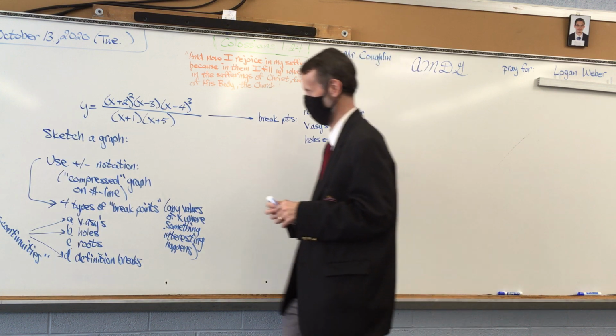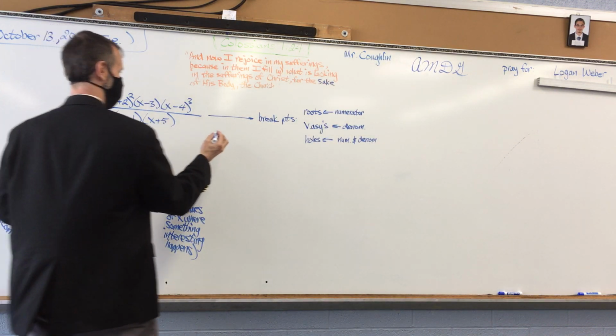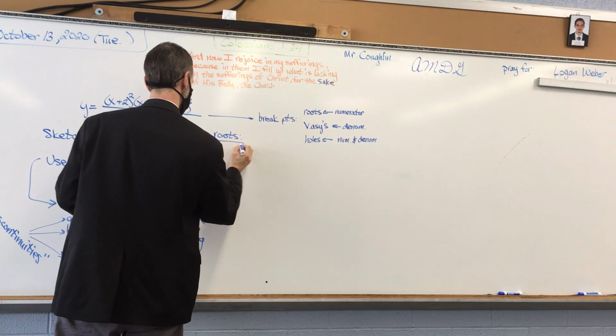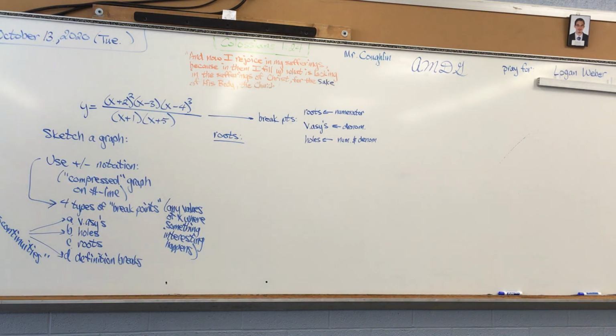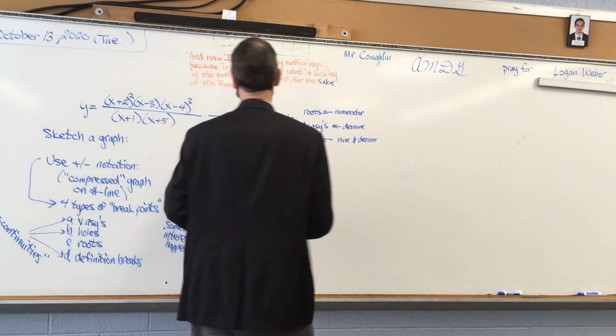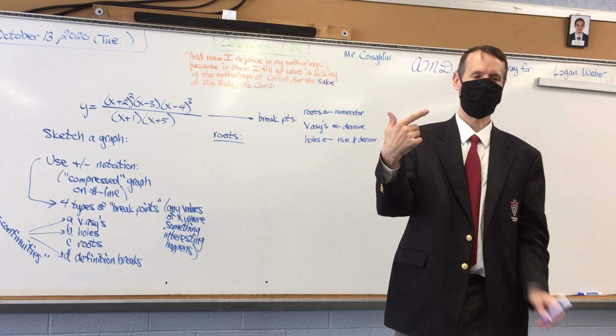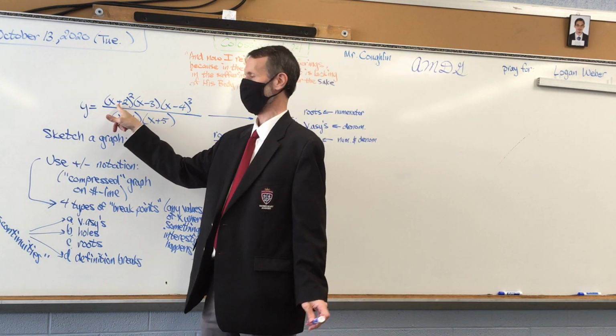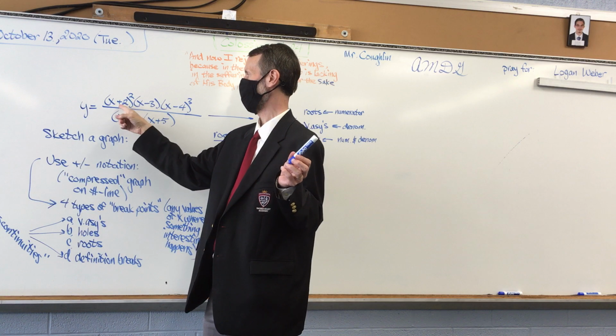So take a look. Do you see any roots? I just have a question. Go ahead. So the roots are always going to be on the numerator? Correct. It will always be on the top. Speaking of which, this parentheses, what root would that give you?